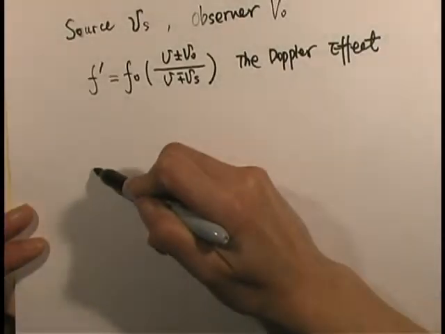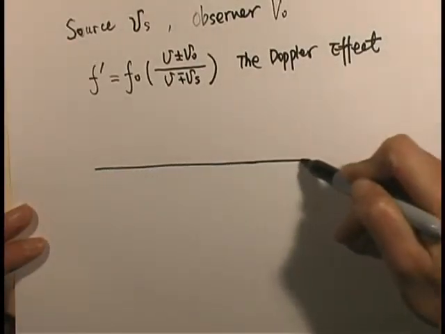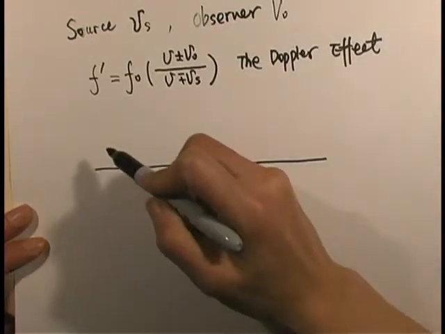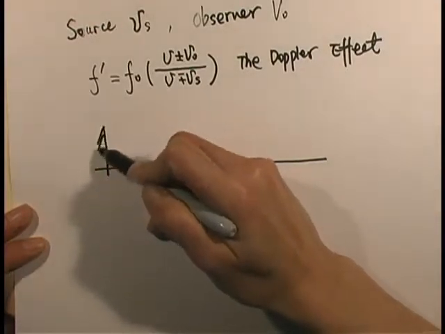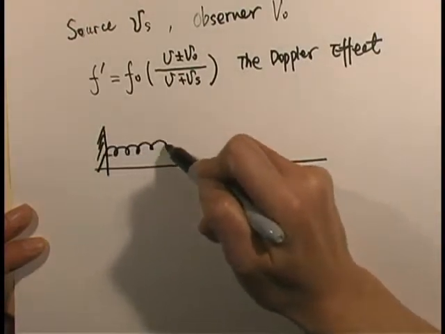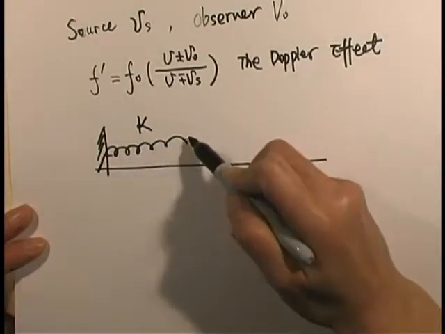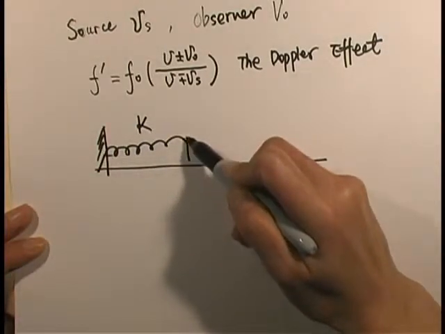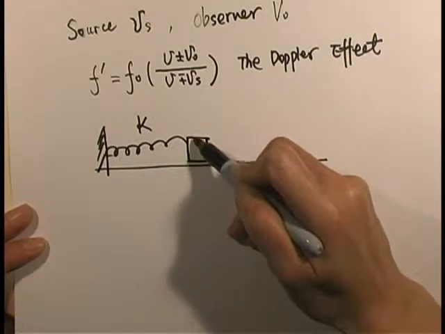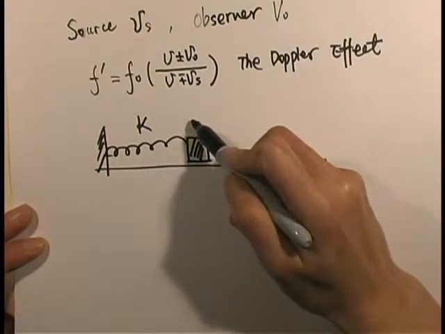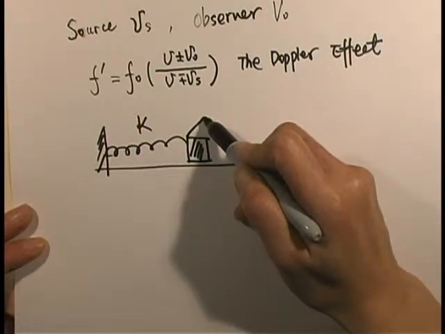Now, we have a frictionless ground, and this is the wall, and that is a spring with spring constant k. We have a block, also frictionless, and a speaker mounted on the top.